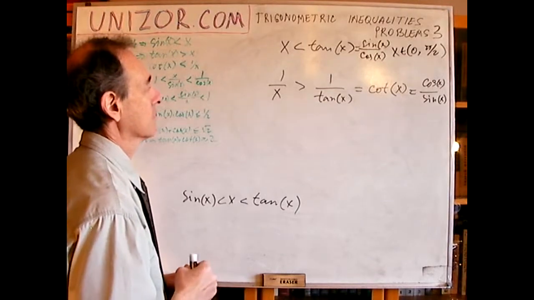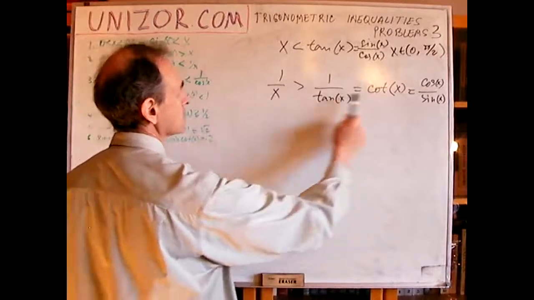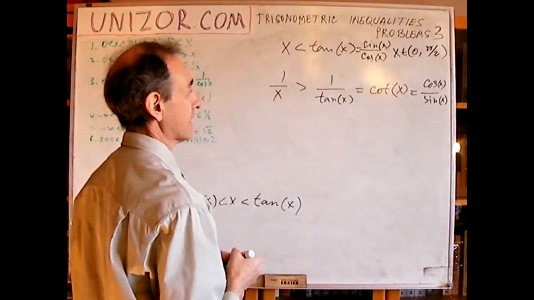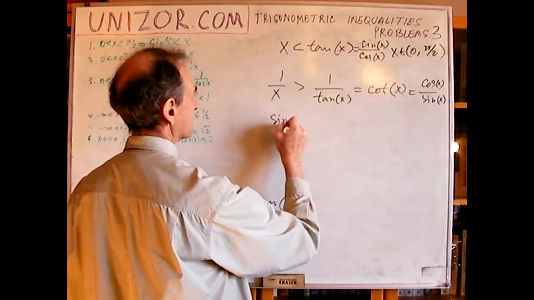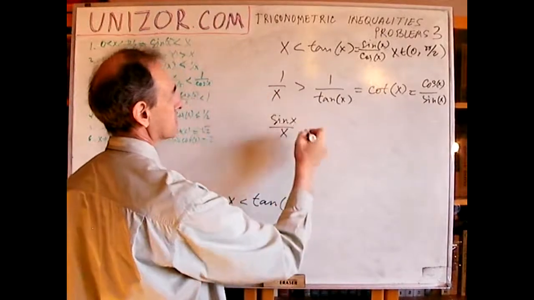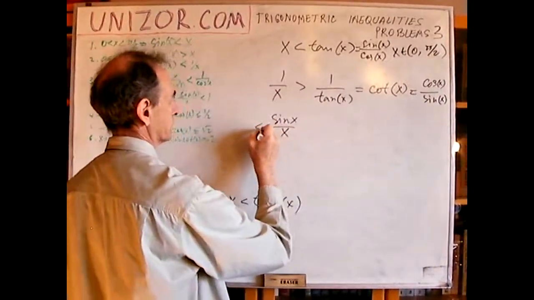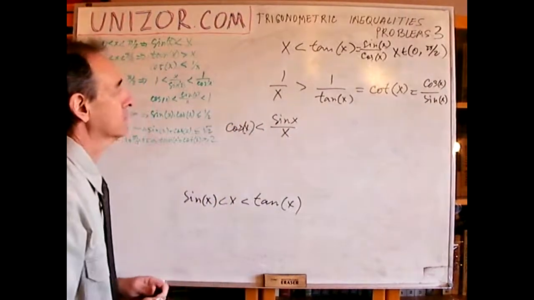Now, what else can be said around here? Well, from this, you can always multiply it by sine, and you will have that sine of x divided by x is greater than the cosine. Right?